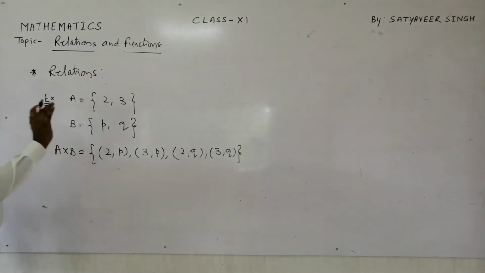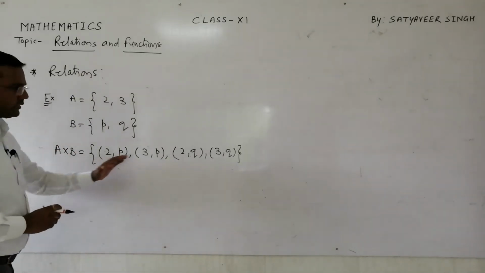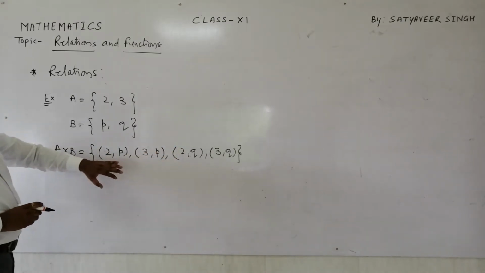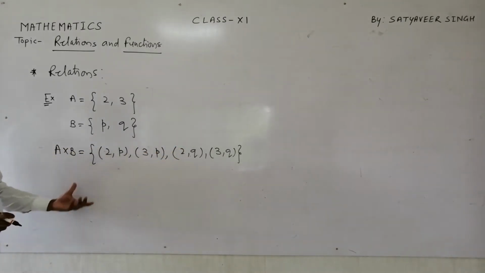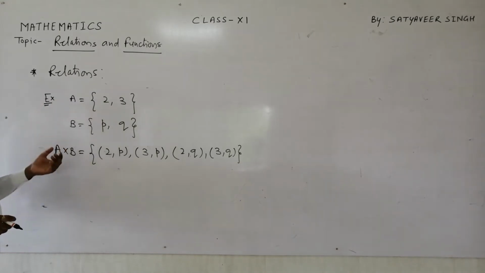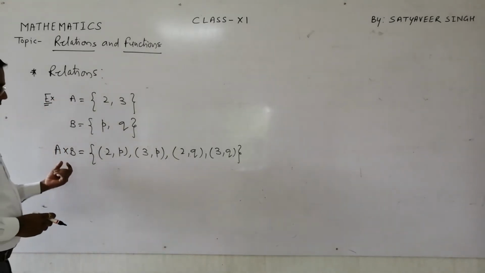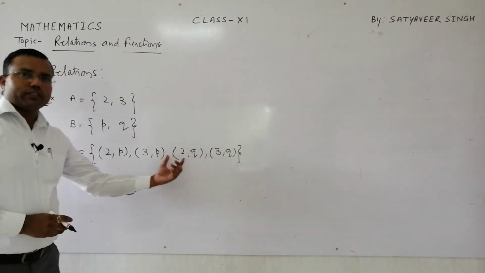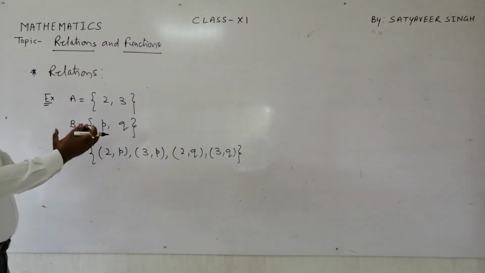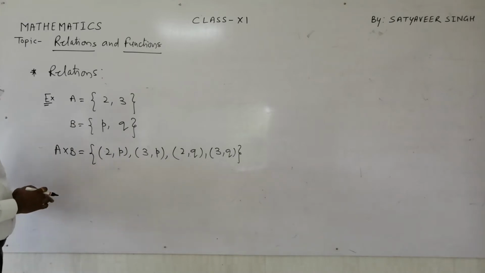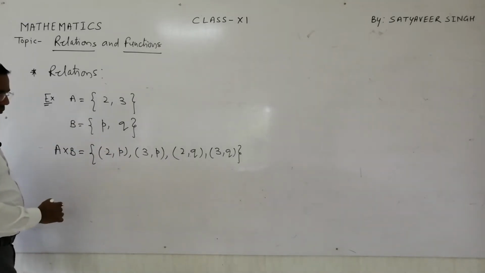Out of all these elements, these are the elements of a set which consists of the ordered pairs of the sets A and B. The Cartesian product of the sets A and B, we have written in the form of a set. These ordered pairs are forming a set.